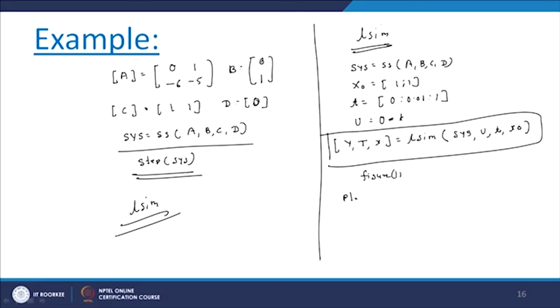plot t comma x 1, that gives the response for state 1. Similarly we can write figure 2, and we can write the command as plot t x 2.